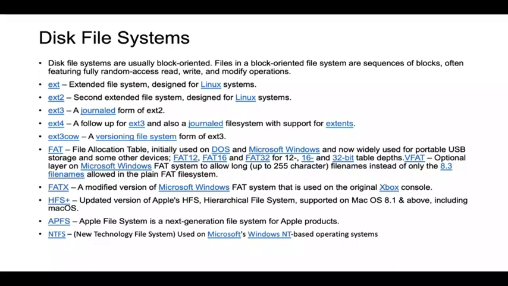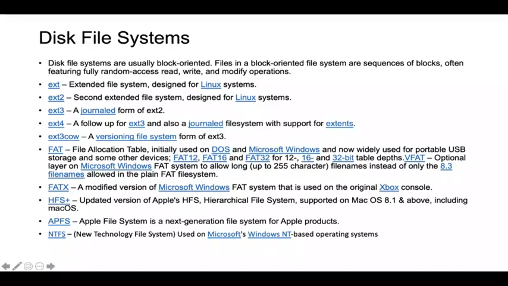Traditional systems mostly work with FAT, which is the file allocation table. Then there are options, a modified version of the FAT system used in original Xbox.